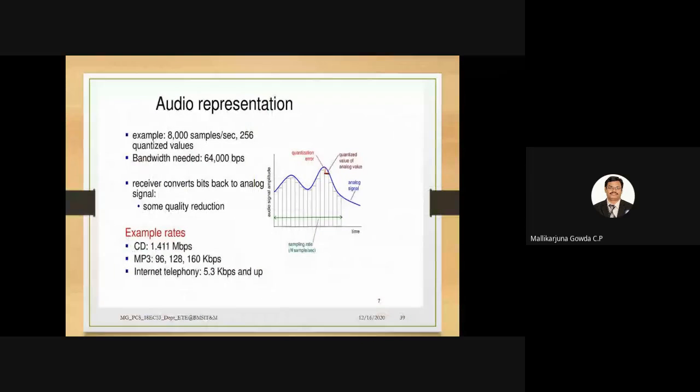This is one application I wanted to mention about PCM. It has many applications, and we'll have a discussion about that also. Basically, it is used in telephone for transmitting our voice signal.